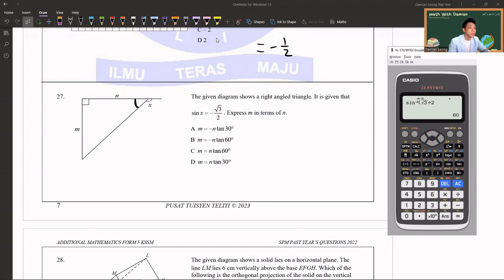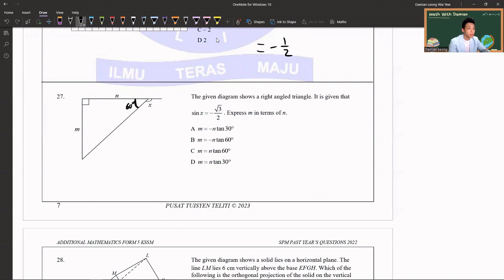You would know this reference angle is 60 degrees. In other words, this is the same as tangent 60, opposite over adjacent, equals m over n. And in the second quadrant, tangent should be negative.